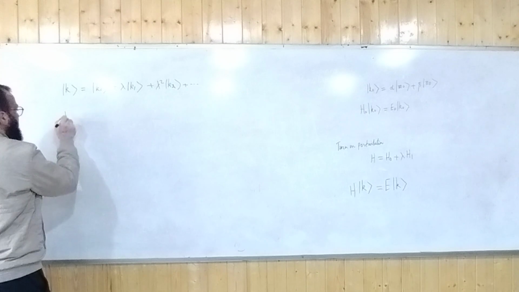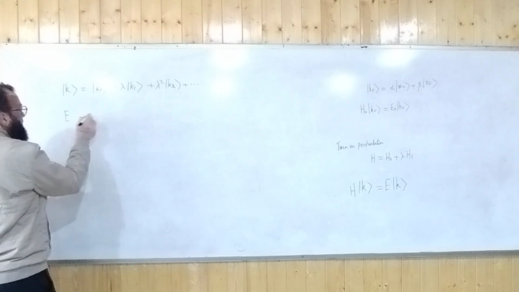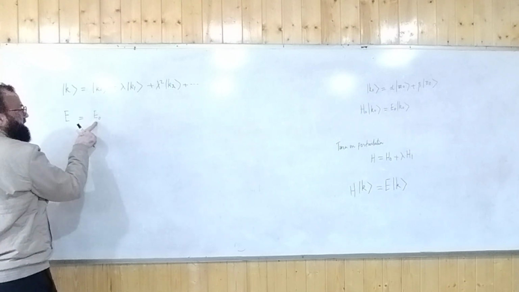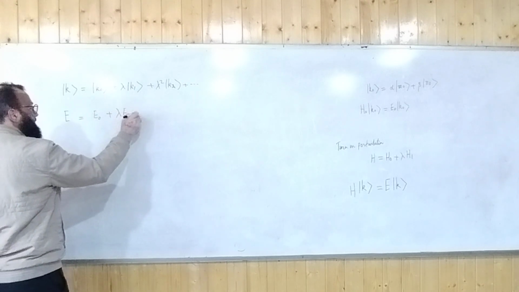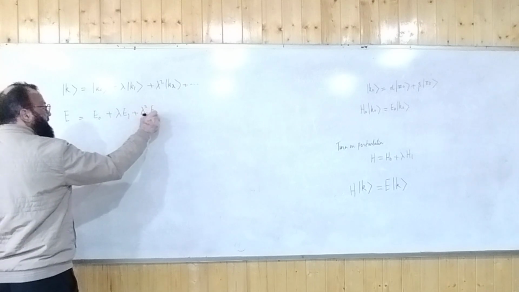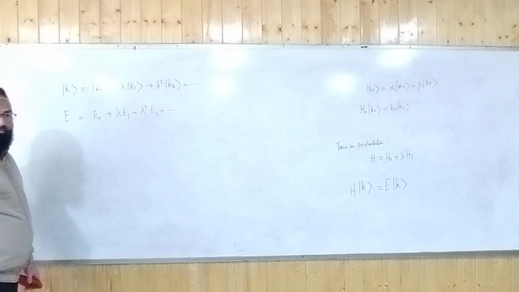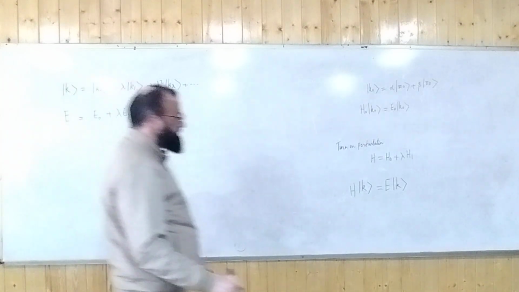And similarly, you are having this energy. You are having the unperturbed energy E0 corresponding to this state |k0>, then the first order correction, then the second order correction, and so on. Clear? Okay, substitute it in this equation.